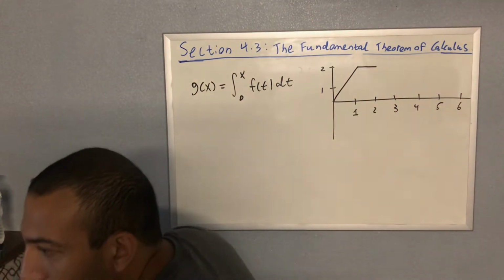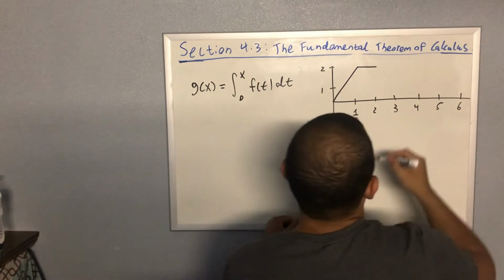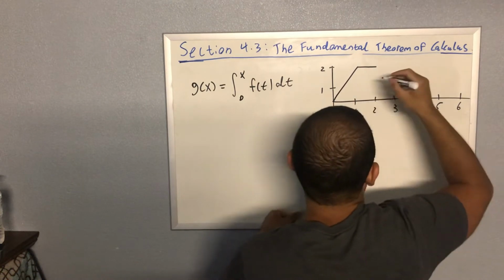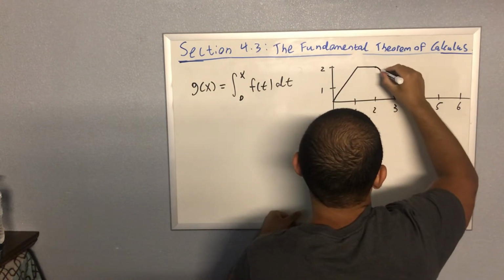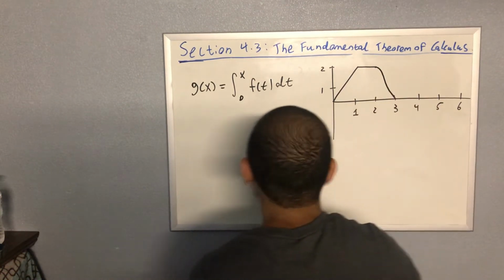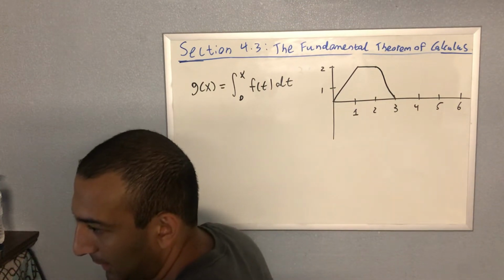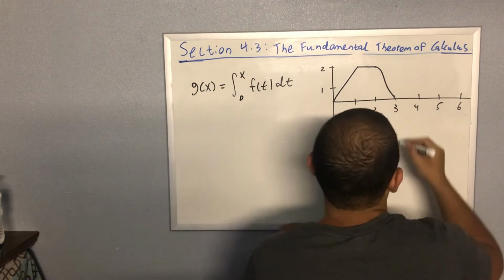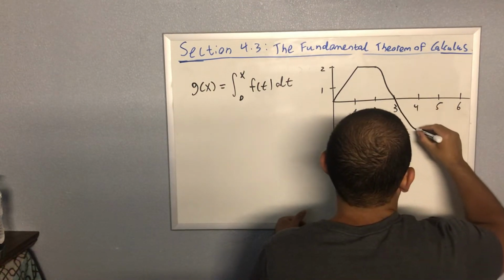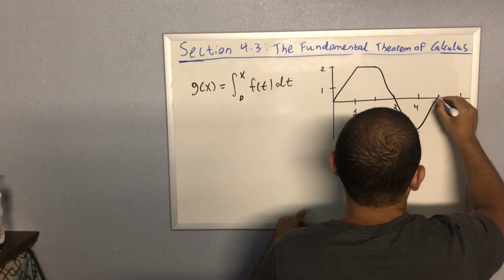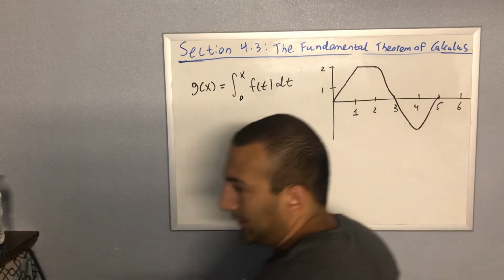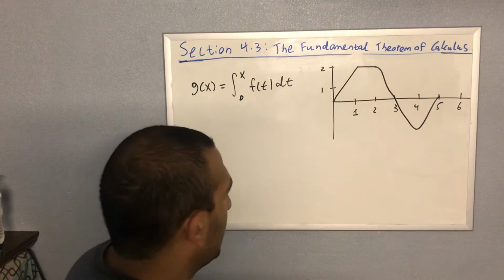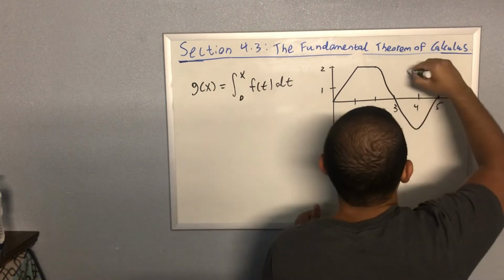And then between 2 and 3, it kind of takes a dive like that, and then it hits some minimal value like this and comes up to 0. Okay, let's just say it looks like this. So this is our function f of t.